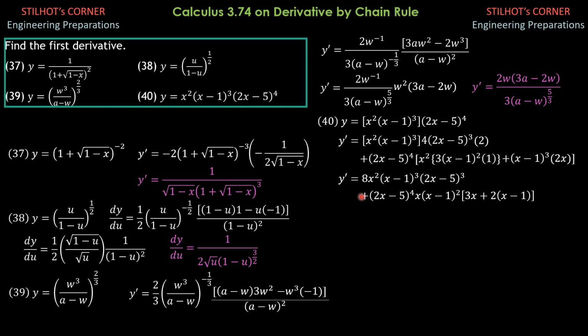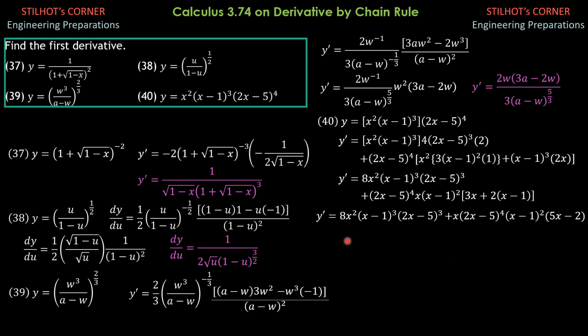So let's copy the whole of this. Let's simplify this part, which is 5x minus 2. So y prime is 8x squared, quantity x minus 1 cubed, quantity 2x minus 5 cubed, plus quantity 2x minus 5 to the 4 times x minus 1 squared times quantity 5x minus 2.